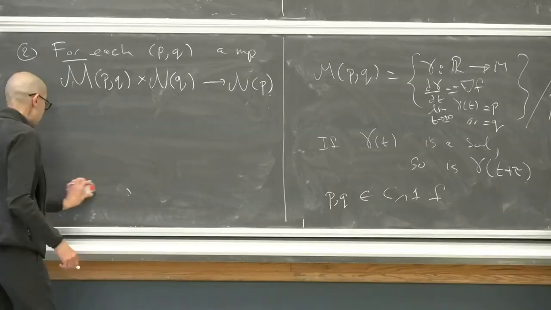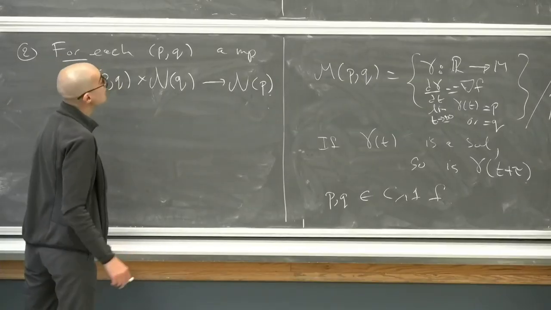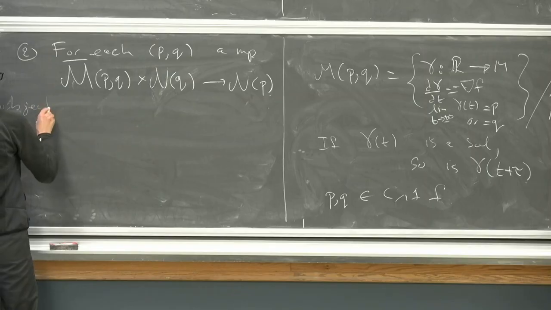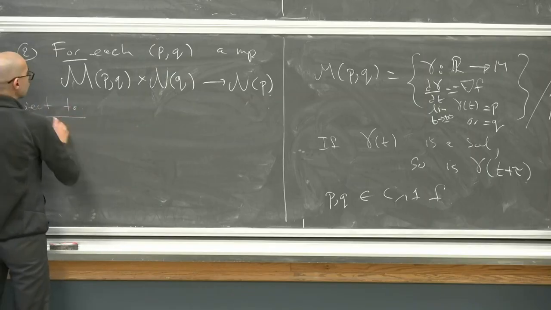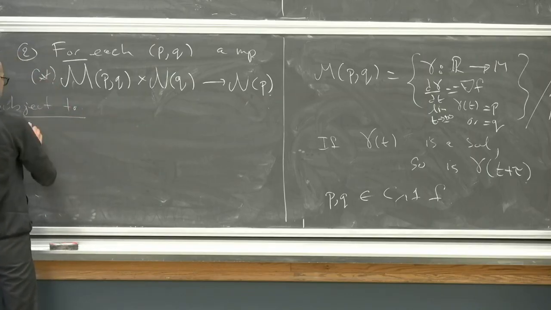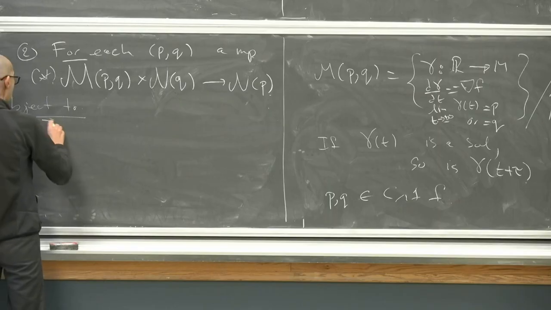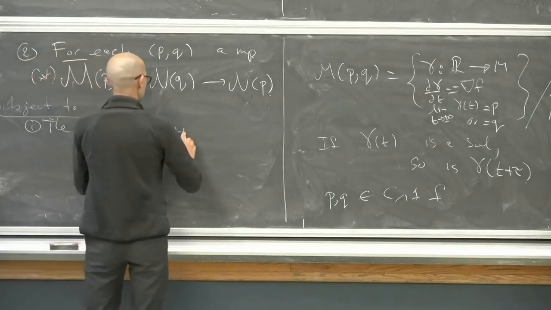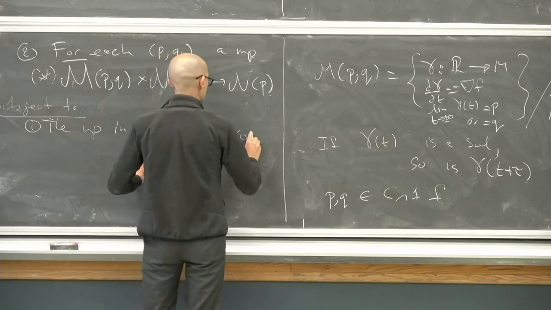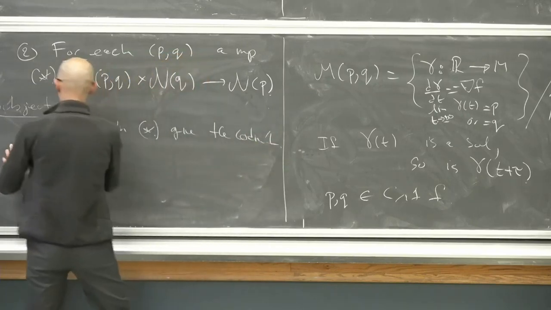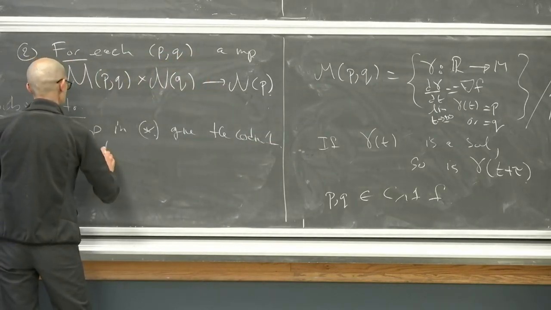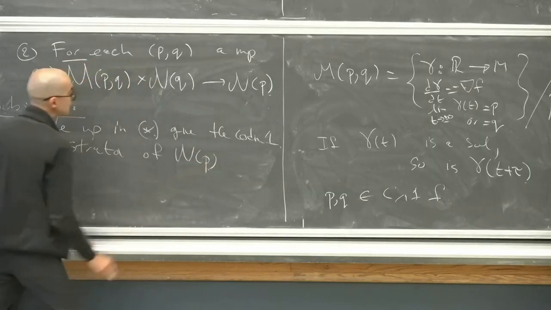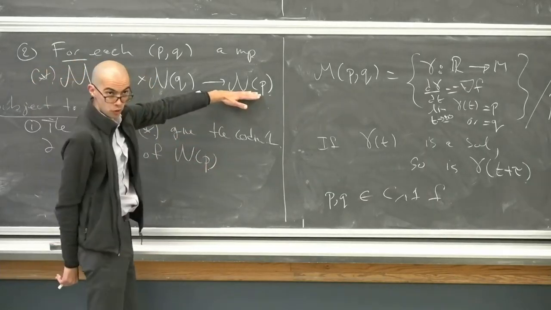So we have this data, and that's all the data we have. This is supposed to be subject to some rules. Subject to the following things. First, one, the maps in star give the codimension 1 boundary strata of N of P. Which means this is a manifold with corners.